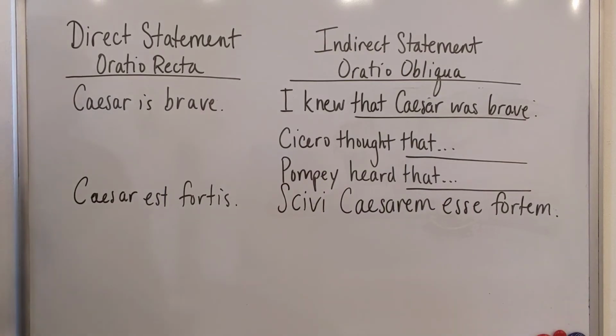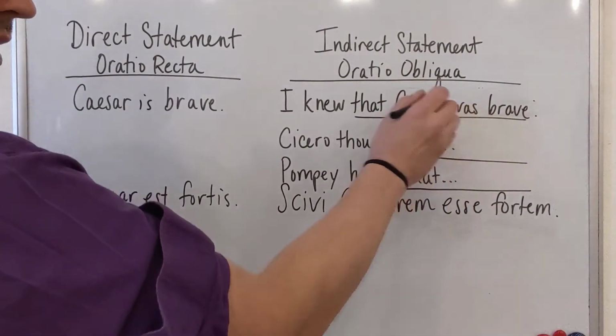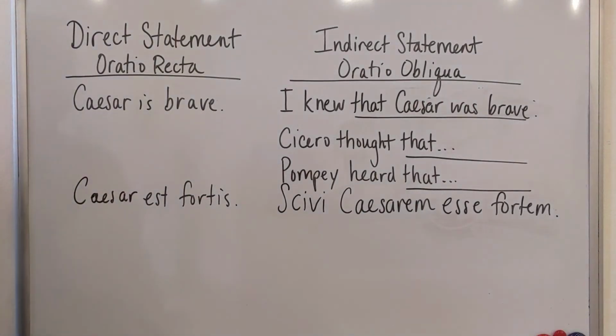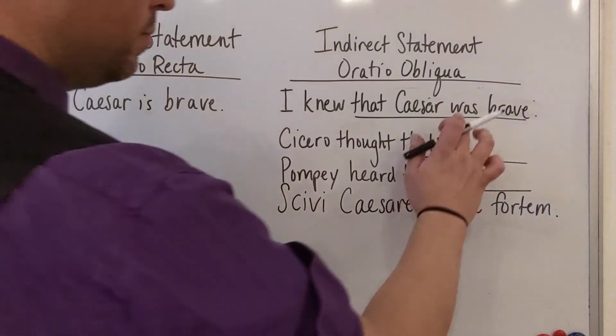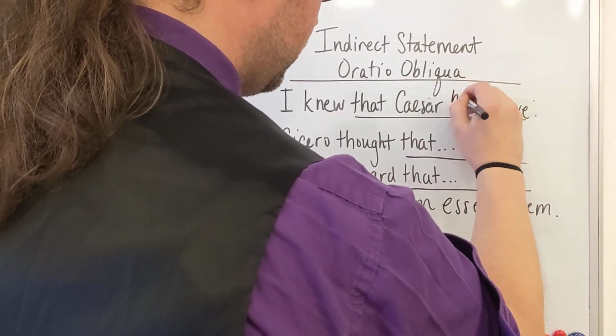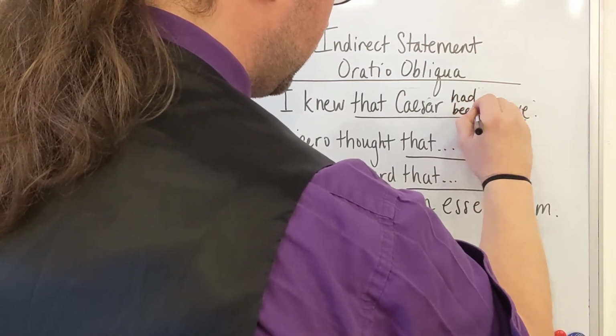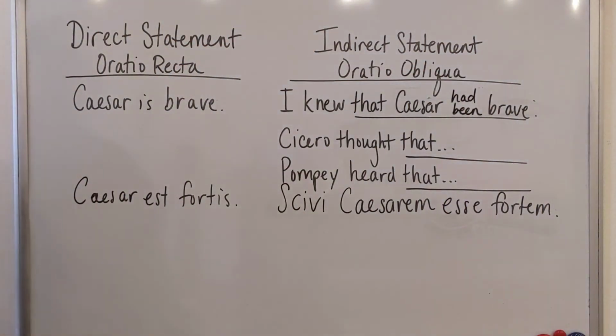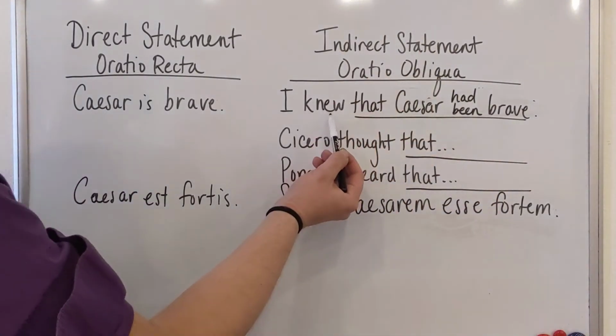Now, of course, what happens if we change the tense of the verb in the indirect statement? I knew that Caesar had been brave. So last week I knew then that Caesar had previously, before I knew it, been brave. Well, if you've been following along closely, you probably have guessed that we're going to use the perfect infinitive here because this is a prior action to this one.